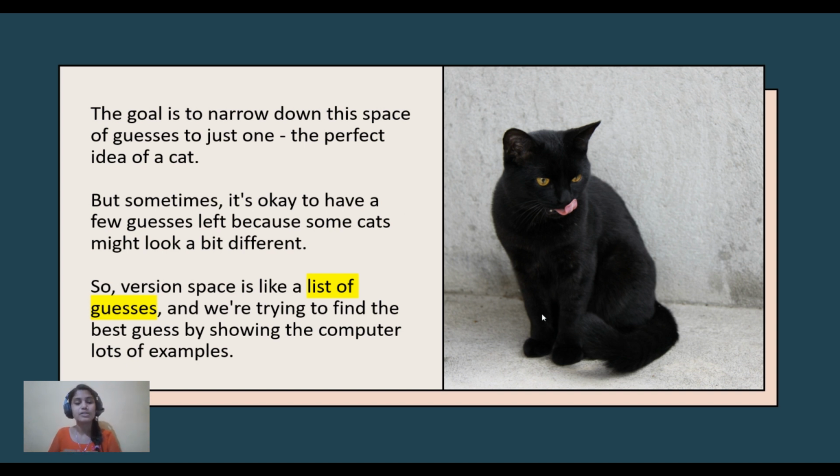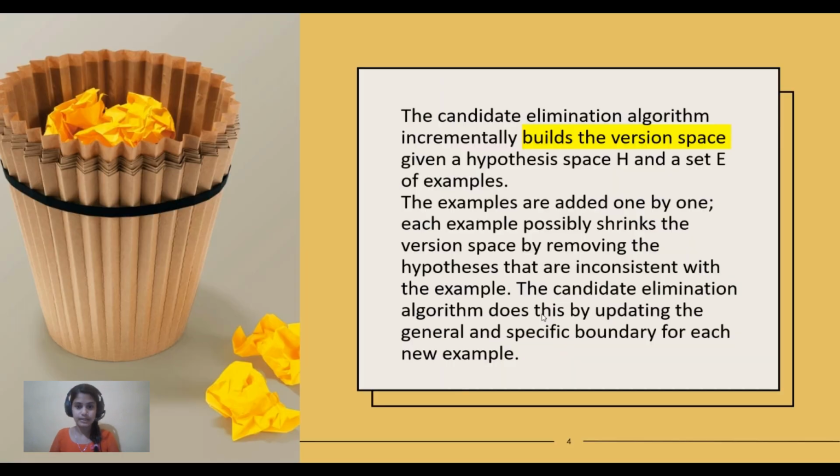But sometimes it's okay to have a few guesses left because some cats might look a bit different. So, version space is like a list of guesses or hypotheses, and we are trying to find the best guess by showing the computer lots of examples. That means I am showing lots of images of cats to the child, and the child is recognizing the images of the cats, and its recognizing power is becoming better and better. So that is version space.